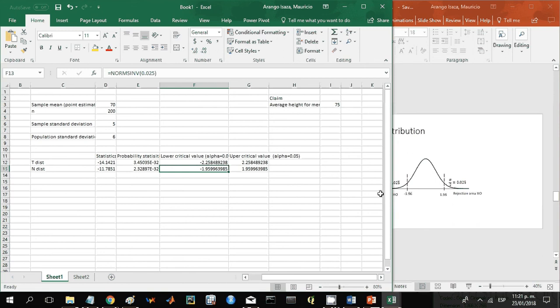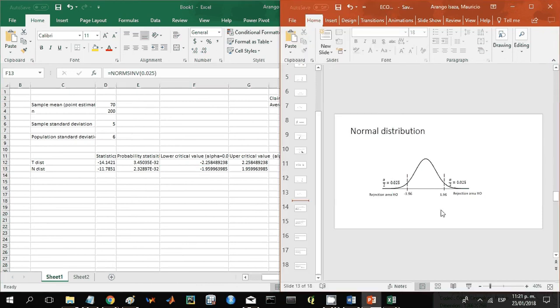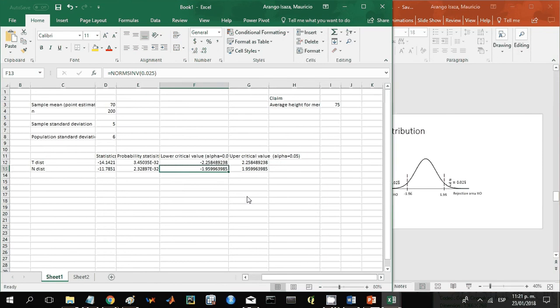So since your number is out of this area in here, you're going to be in the rejection area, and in fact you're going to be to the left. Then you're going to reject the null hypothesis, same as you would have done if you only looked at the probability.